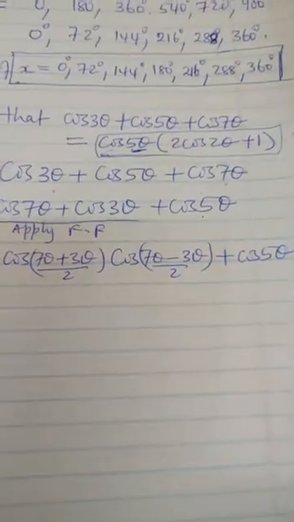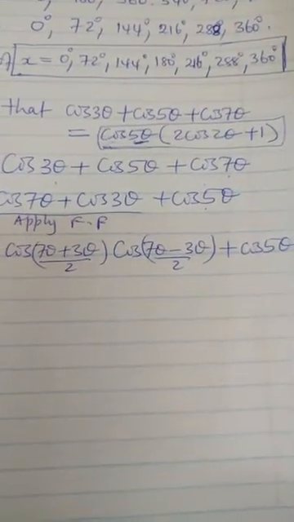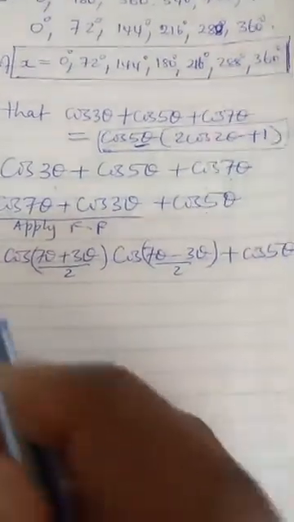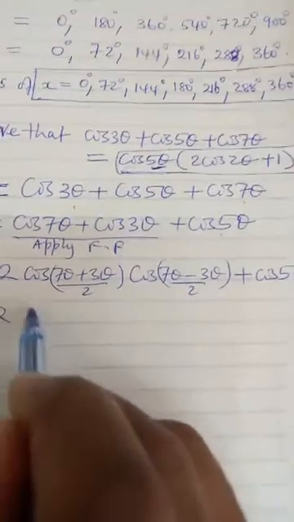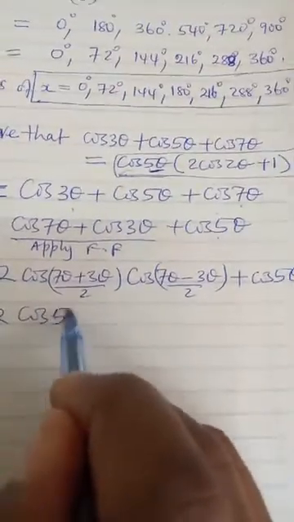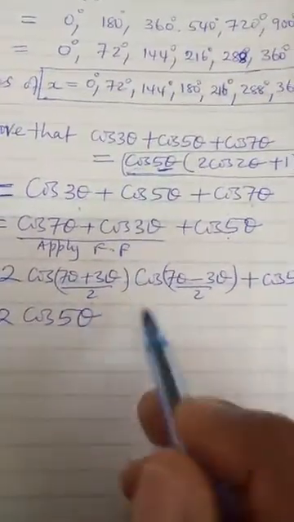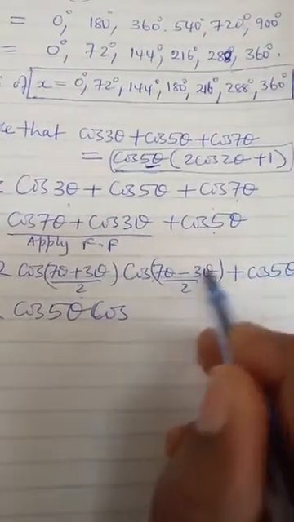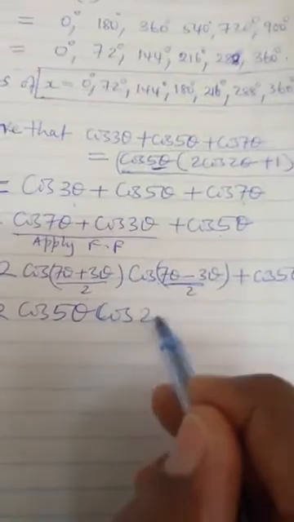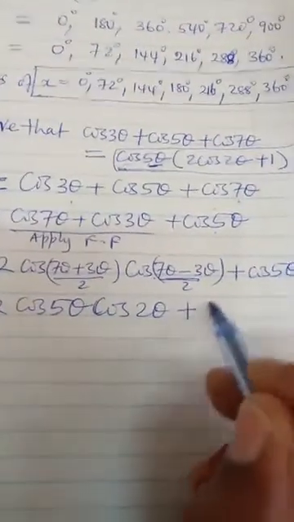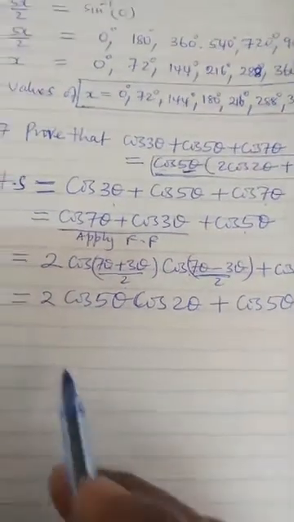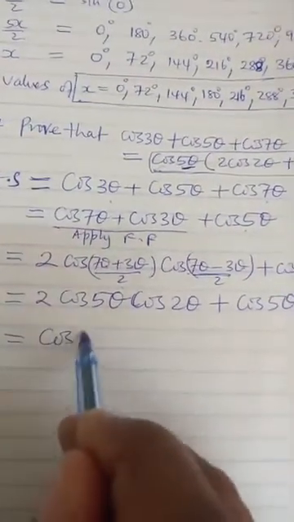In our next step, what we get is 2 the cos of 5 theta, since 10 divided by 2 is 5, times the cos of 7 minus 3 is 4 divided by 2 is 2 theta, then plus the cos of 5 theta. Now the cos of 5 theta becomes common.